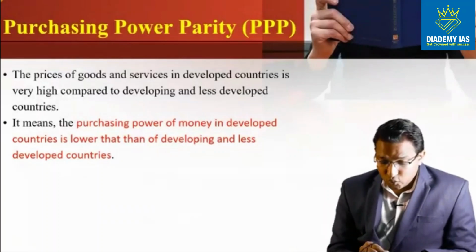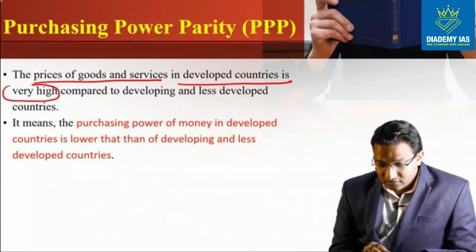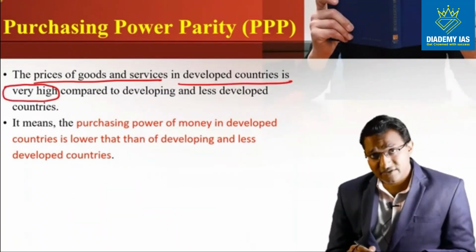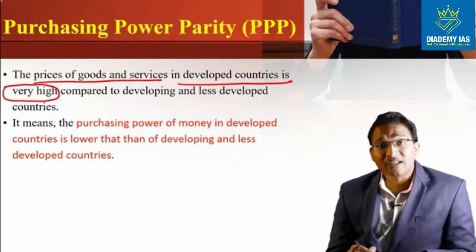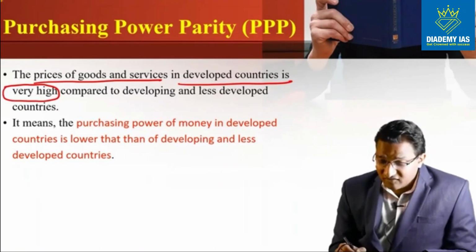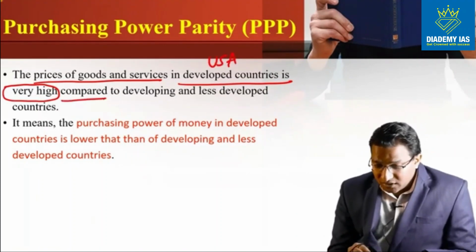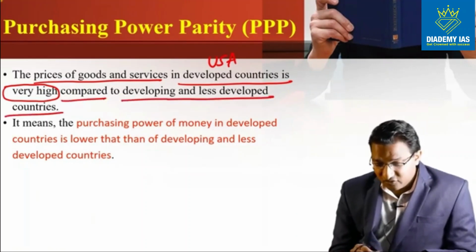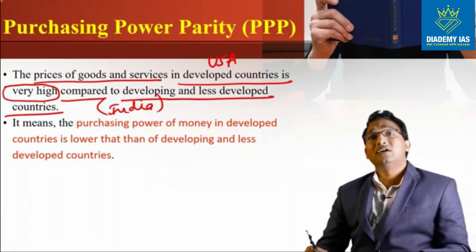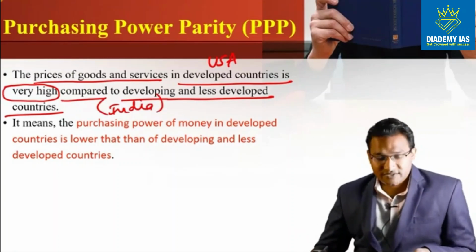The prices of the goods and services in developed countries are very high. So we discussed the example of Mr. Rohit and her friend, right, who are having the package of 20 lakh rupees and 30 lakh rupees. So the prices of goods and services in the developed countries, that is USA, are very high compared to the developing and less developed countries. For example, India. Her friend was living in India, so she was enjoying the equal level of standard of living at less price.